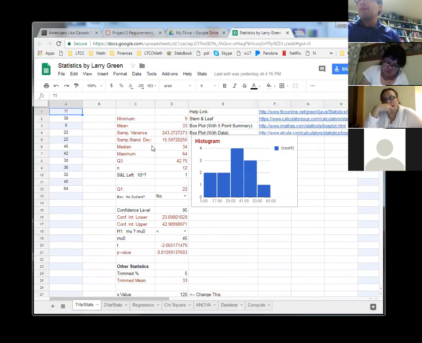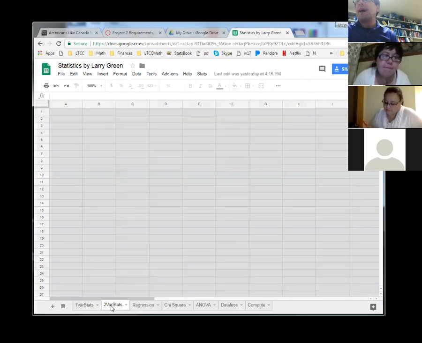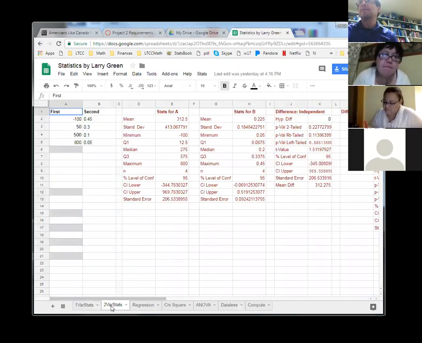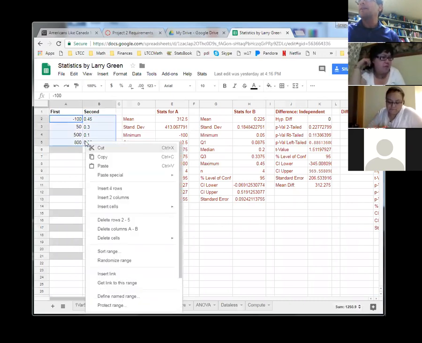So what you do here on the bottom, you'll see 2 var stats. Click that tab. And then it's very easy once you have your data, you just type it in. I just typed in first and second. If you want to name it, you can. But I try to make it easy by calling it first and second. And just type in your numbers. So the first thing you want to do is erase whatever was there.